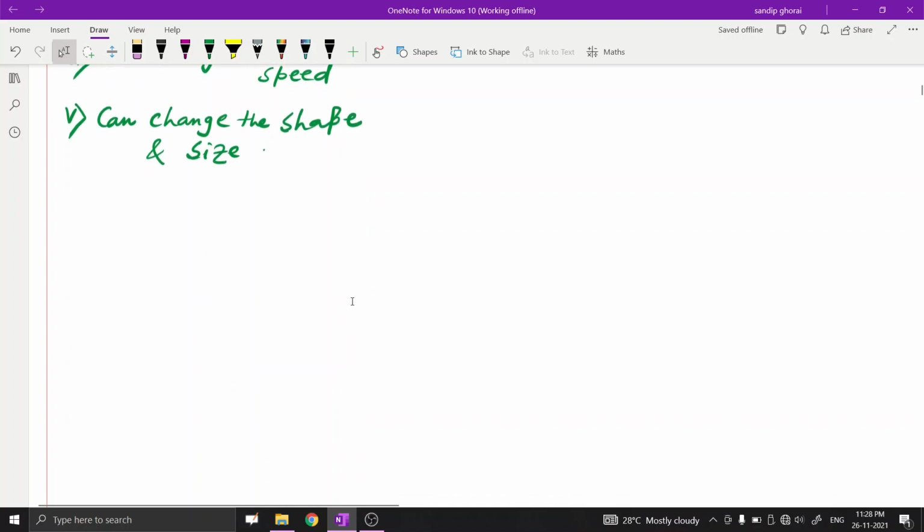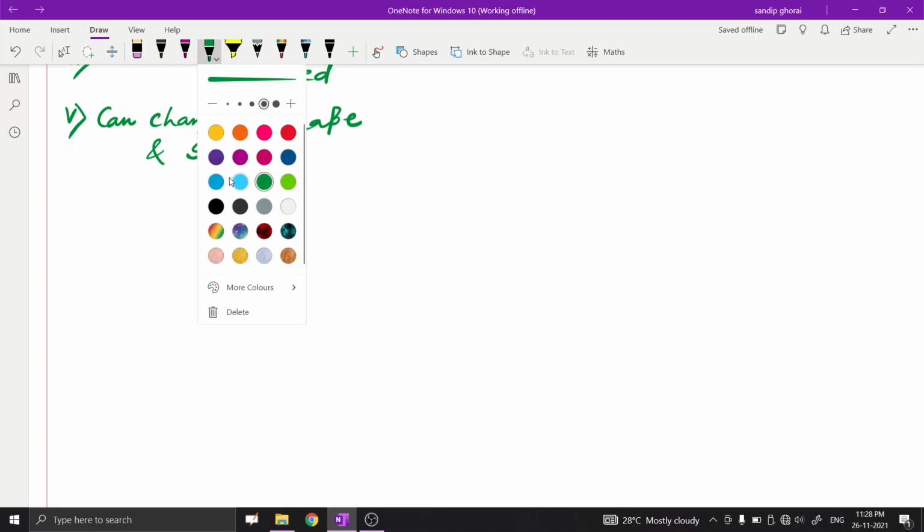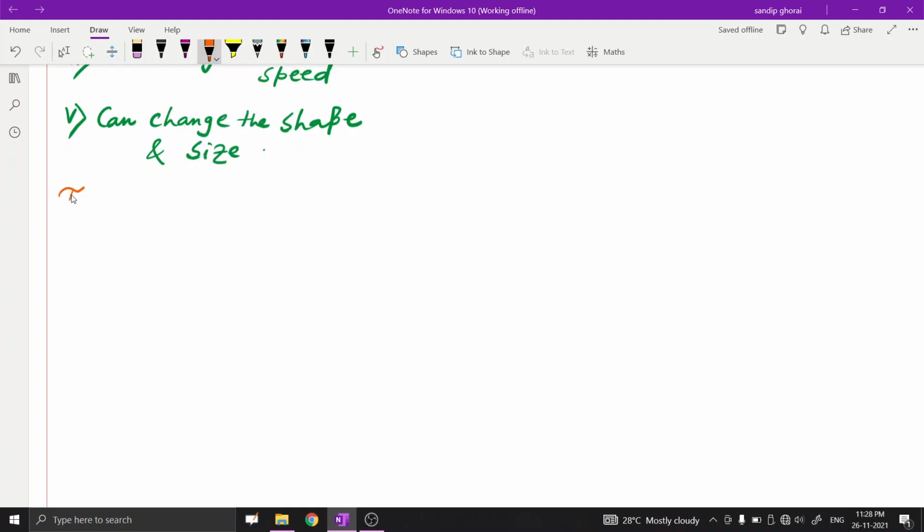Now, what are the types of force? In short, the next point is types. Simply we can say there are two types. The first one is contact, and the second one is non-contact.